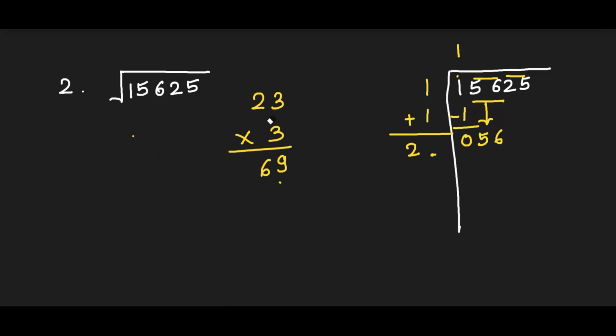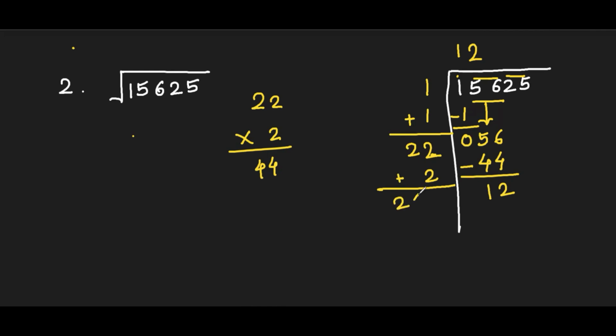Let's assume the next number, which is 2. 22 times 2 will be 44. So let's take that one. Taking a 2 on the top and 44 at the bottom. 56 minus 44, what do we get there is 12. On the left hand side, 22 plus 2 will be 24.